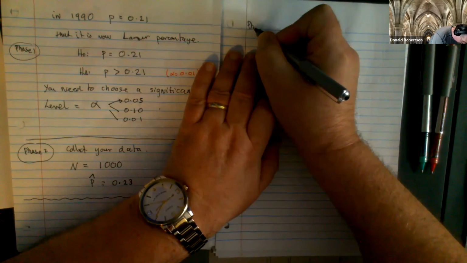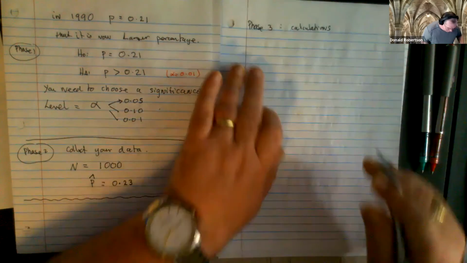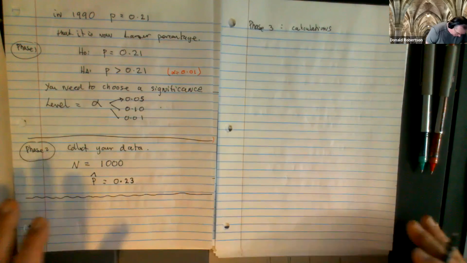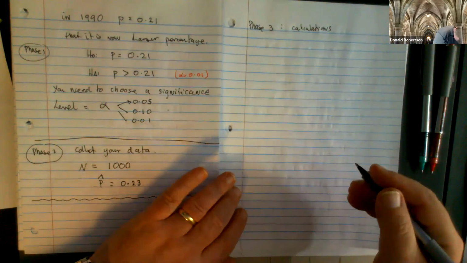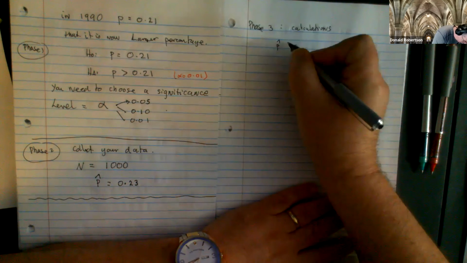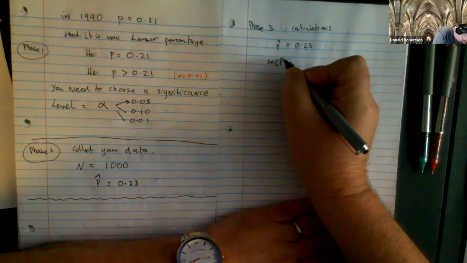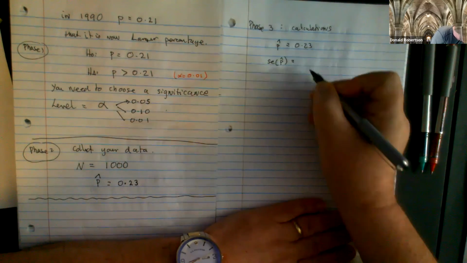which is basically going to be the calculations. So we've already got p hat. We need to find the standard error of p hat.